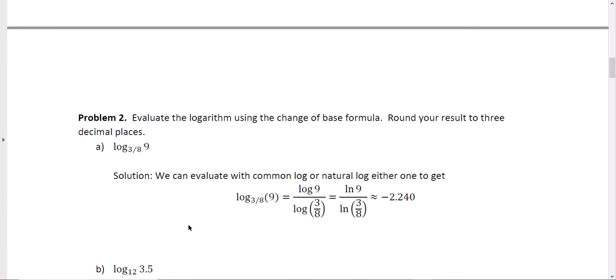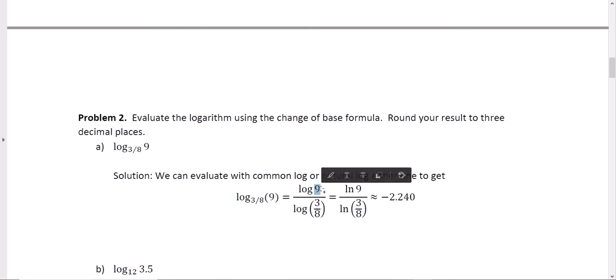All right, so now let's evaluate the logarithm. Using the change of base formula, round your result to 3 decimal places. Instead of having variables, now we have actual numbers. Log base 3/8 of 9. We can rewrite that as the log of 9 divided by the log of 3/8.